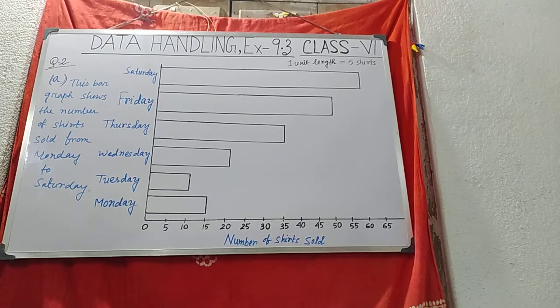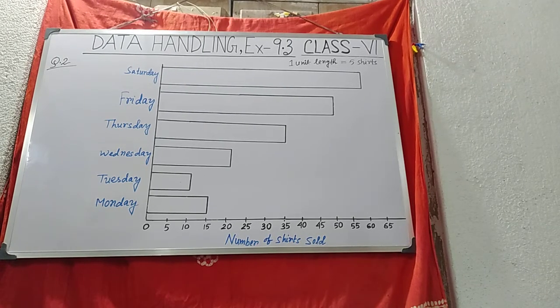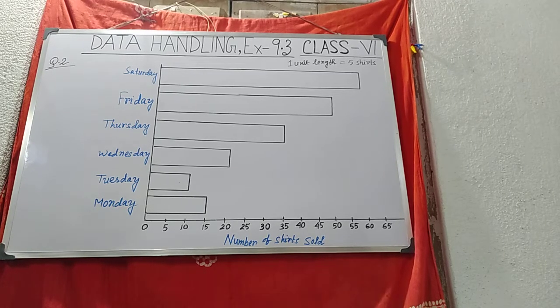Now we move to the second question. Our second question is, what is the scale chosen on the horizontal line representing number of shirts?